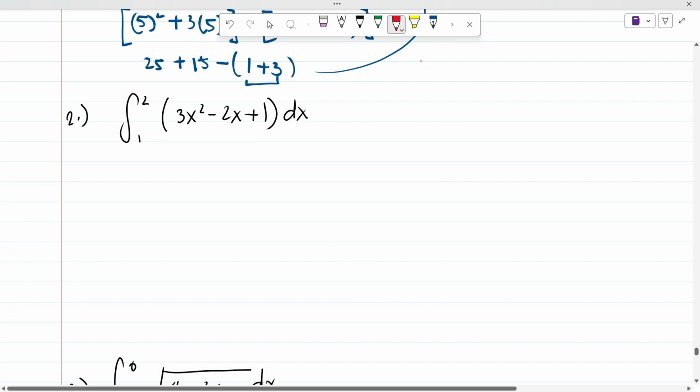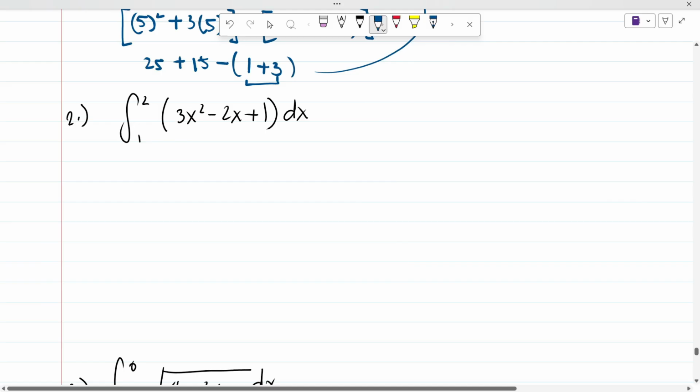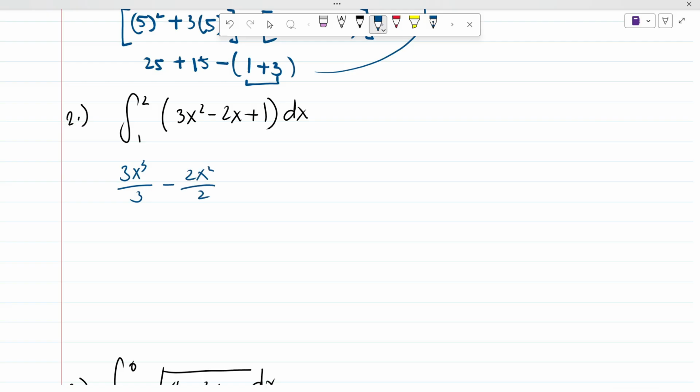Next. Same thing again, guys. 3x squared integrates to 3x cubed, I added 1 to the exponent, minus 2x squared all over 2, plus x, from 1 to 2. Cancel, so minus x squared plus x.